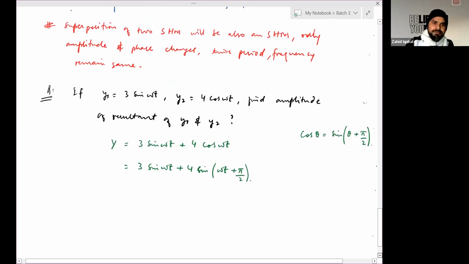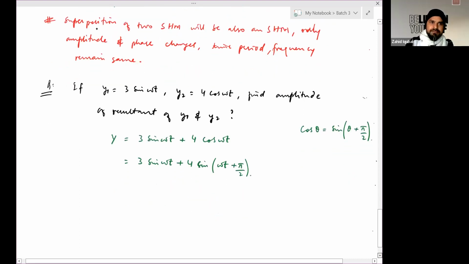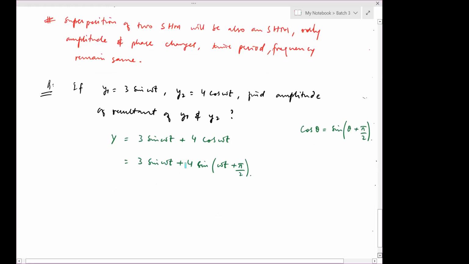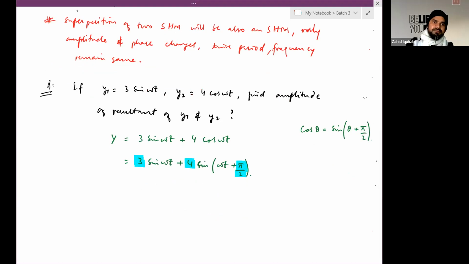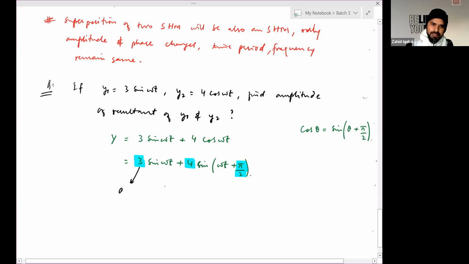Iba, is it clear? Okay. So from this expression and this expression, it will behave as A, it will behave as B, and this is phi.